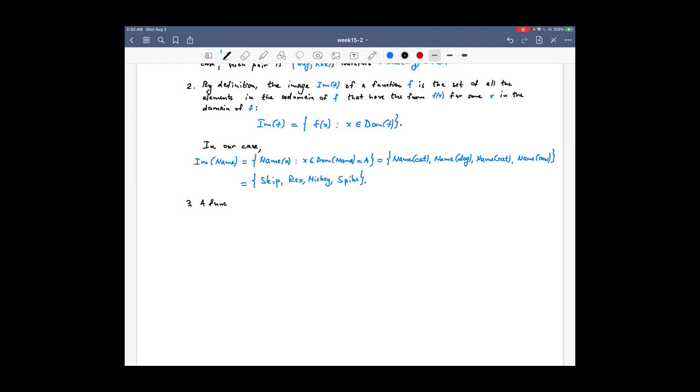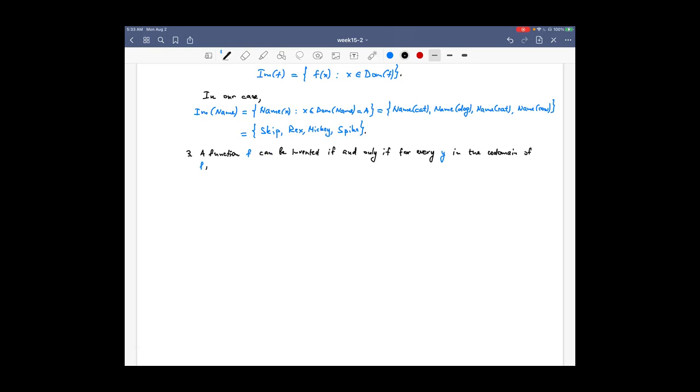We know that a function f can be inverted if and only if for every y in the codomain of f there exists a unique x in the domain of f such that the image of x under the action of f is y.